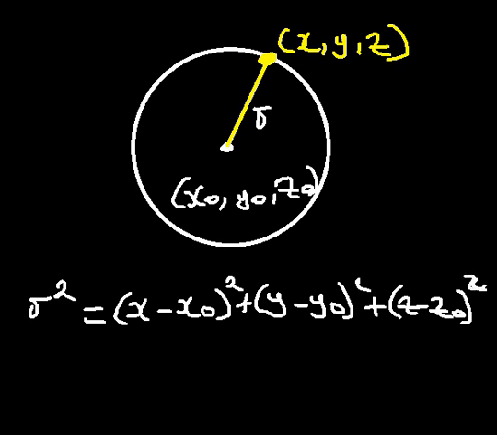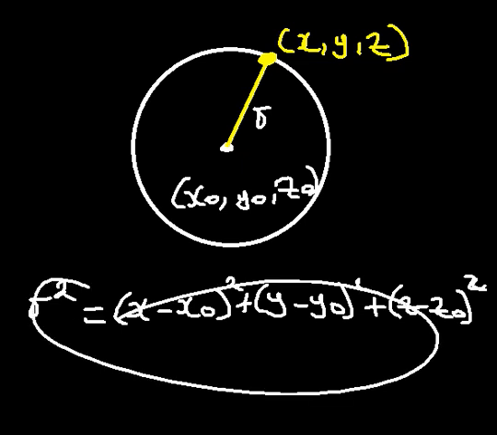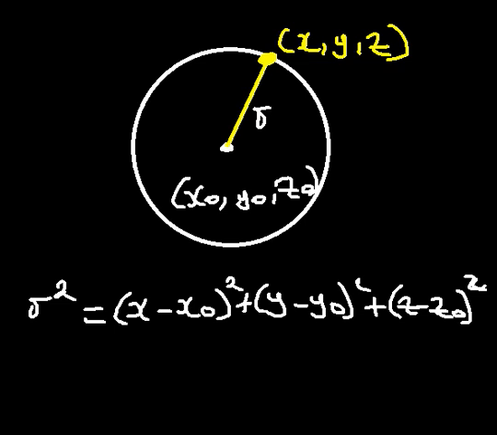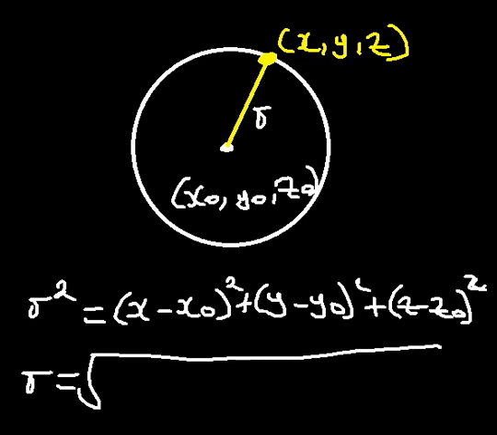So in that case, x naught, y naught, as well as z naught are the coordinates of the center, and r is the radius of the sphere. In this case, this is what we call the equation of a sphere. That is the standard form of the equation of a sphere. It can also be given as the radius equal to the square root of the same expression.